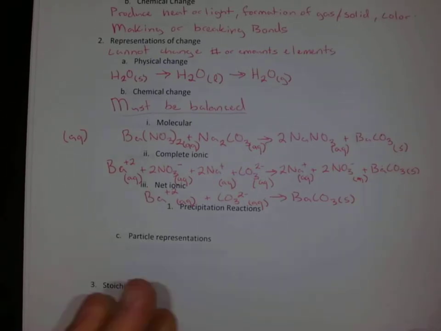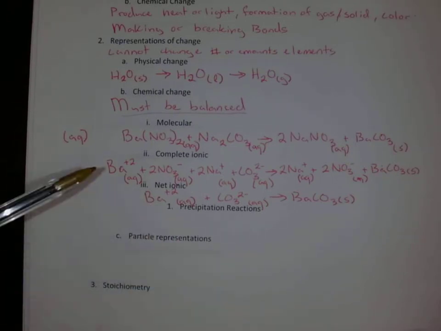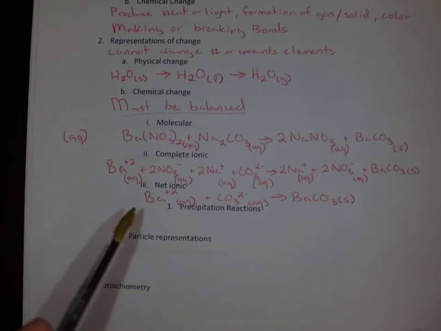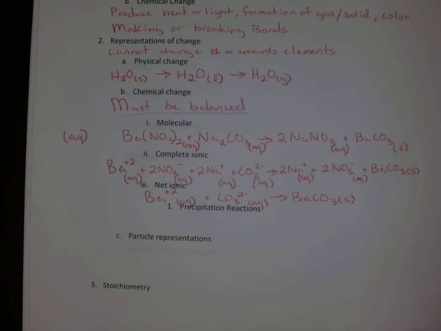So with precipitation reactions, we would oftentimes need to write the net ionic equation to show what's happening. And we have a few rules that we're going to start with.